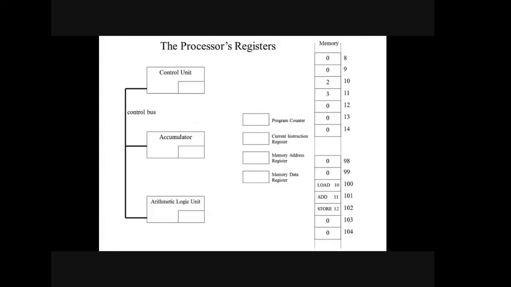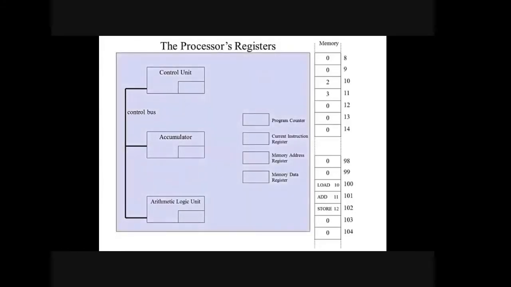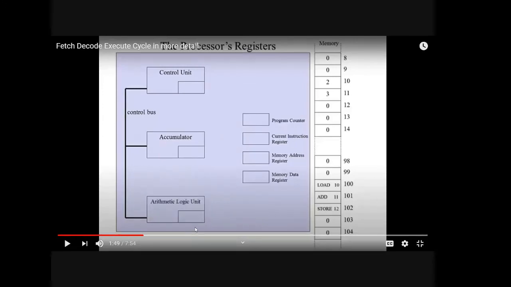Now let's think about the registers inside the CPU. The blue box shows the CPU, and we can see inside there we've got a control unit, the accumulator, and the arithmetic and logic unit. Accumulator is also a register present inside the processor.